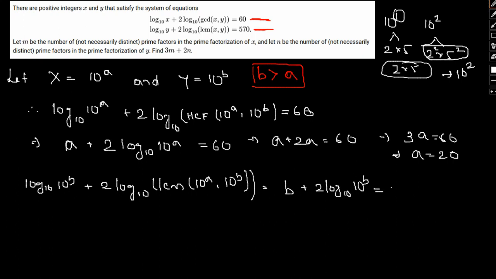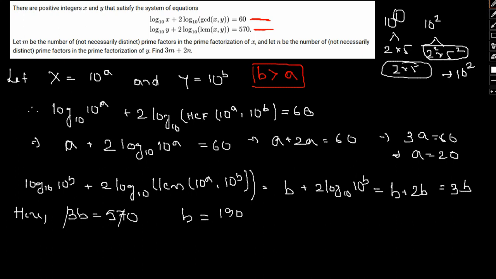So it will be b plus twice b equal to 3b. Here 3b will be equal to 570, so b will be equal to 190. Okay, so I hope everything is clear.